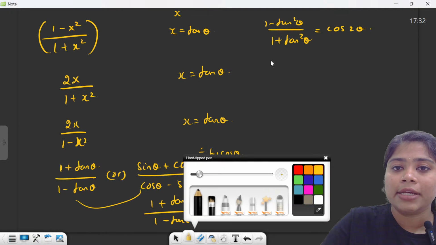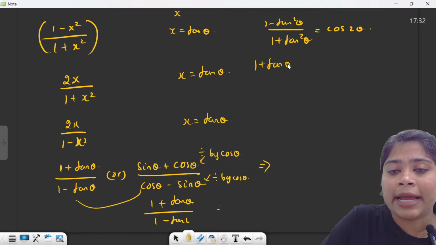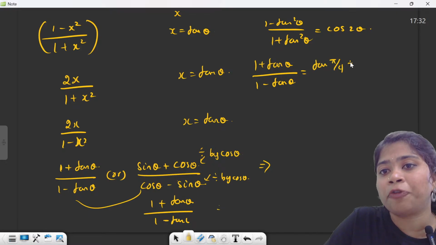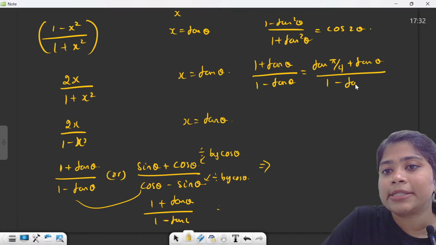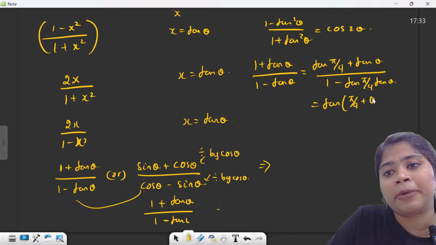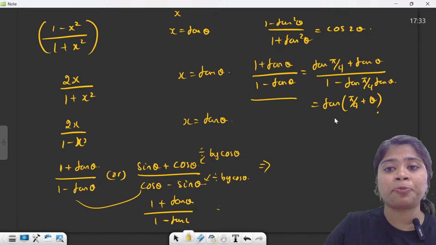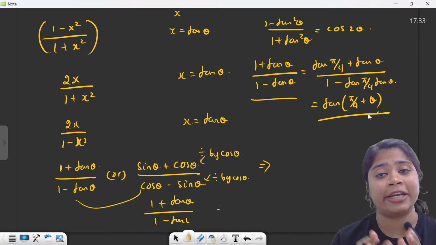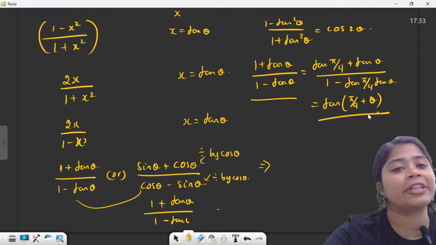So this 1 plus tan theta divided by 1 minus tan theta, you can write as tan pi by 4 plus tan theta divided by 1 minus tan pi by 4 tan theta. This is nothing but tan of pi by 4 plus theta. So this expression you can write like this. These are the basic understanding you should have before solving that question.